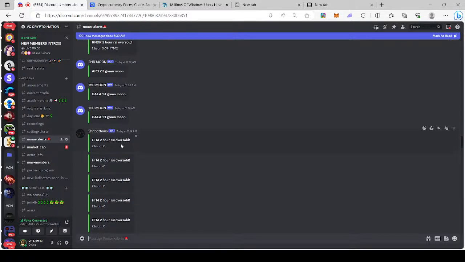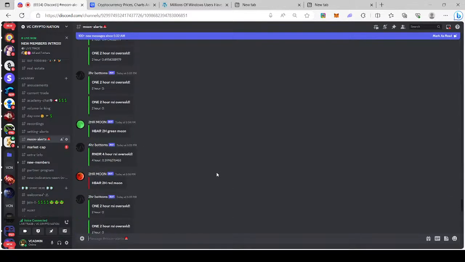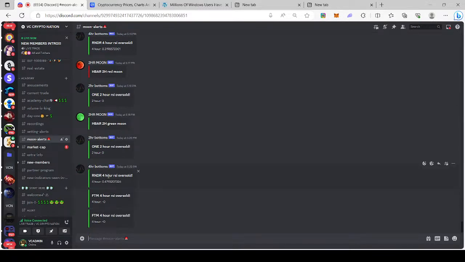This tells you when Phantom is oversold. Today at 11:14, we saw Phantom had a 2-hour RSI oversold. Let me jump to current situations. I can see that Render has a 4-hour oversold, meaning it's been at the top, and Phantom now has a 4-hour.